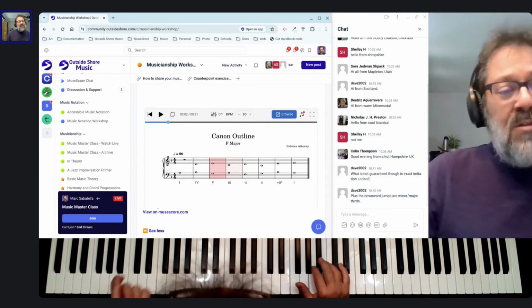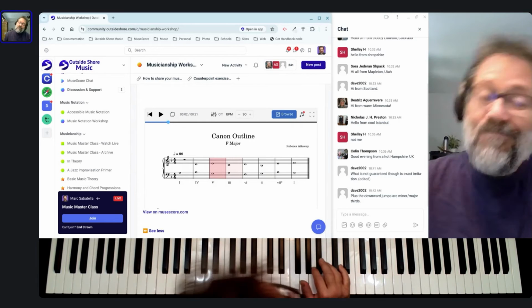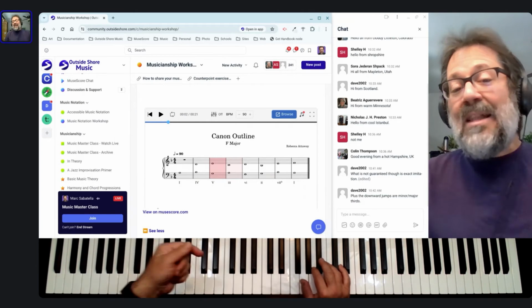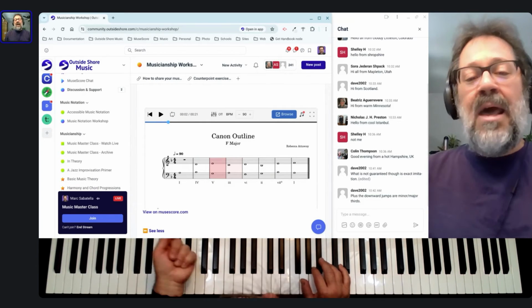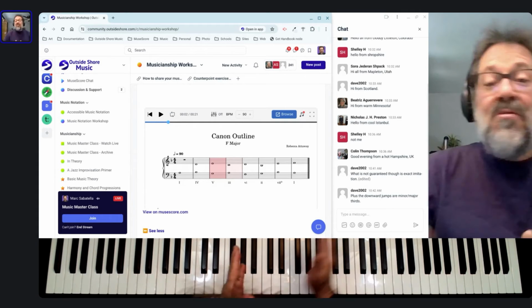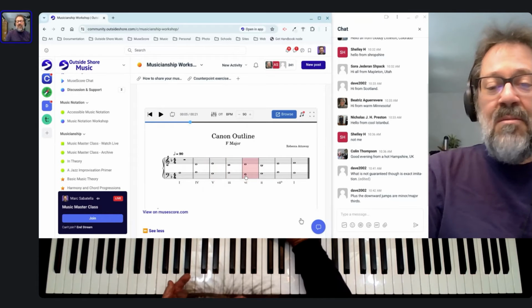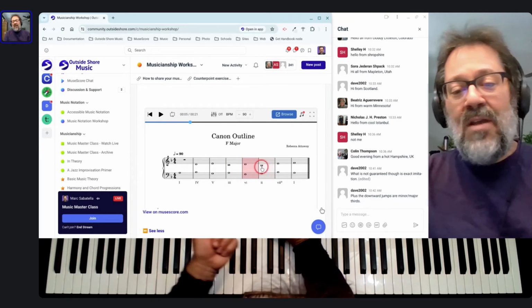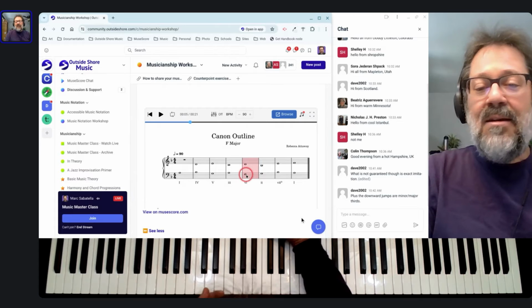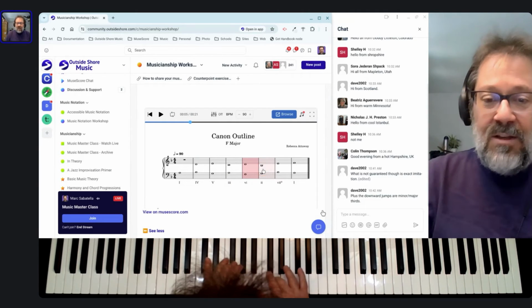And this is exactly the sort of thing that is unlikely to happen if you're not planning ahead with an outline. You're not going to see what's coming in the next measure because you haven't written the next measure yet. And it'll never occur to you to put an F sharp in this measure right here because you haven't written the next measure yet. And so therefore you'll miss out on that opportunity to create that lovely tonicization.